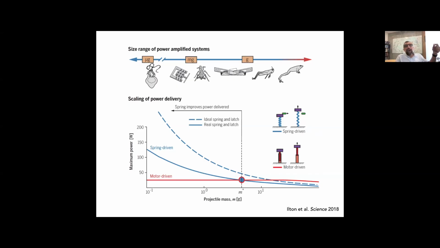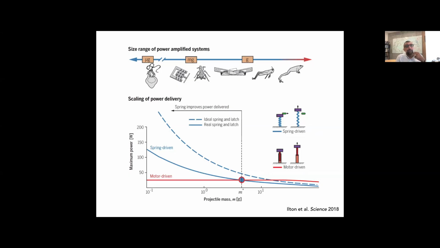If the mass is so high that its inertia is going to take some amount of time to get to its peak velocity anyway, then the higher body masses tend to have this higher inertial constraint, which limits the utility of spring-driven systems.